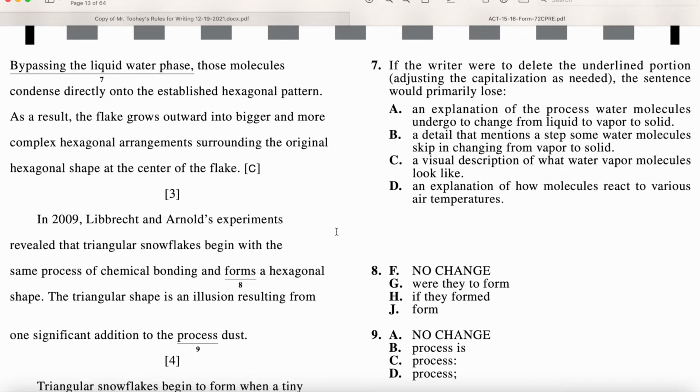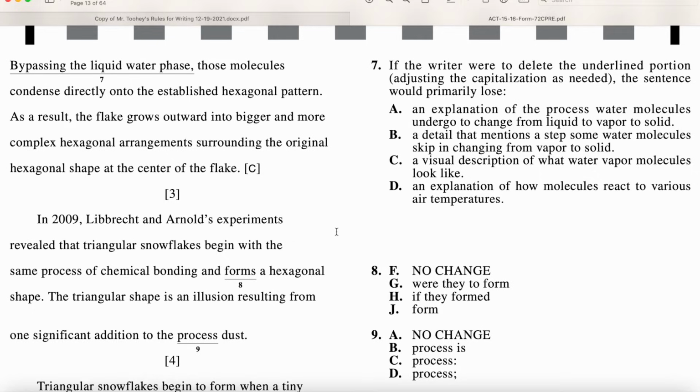Let's try H. In 2009, Libert and Arnold's experiments revealed that triangular snowflakes begin with the same process of chemical bonding and if they formed a hexagonal shape. That also does not sound good. I don't even think that's a complete sentence. That's really bad.